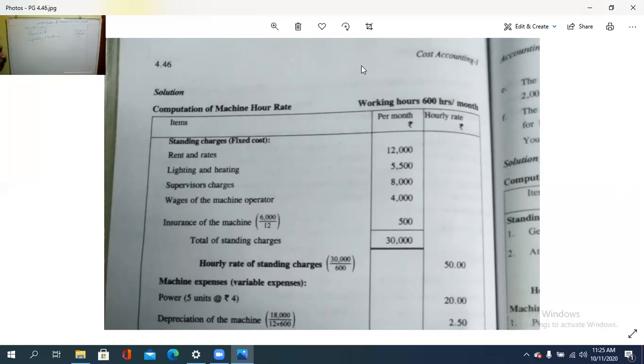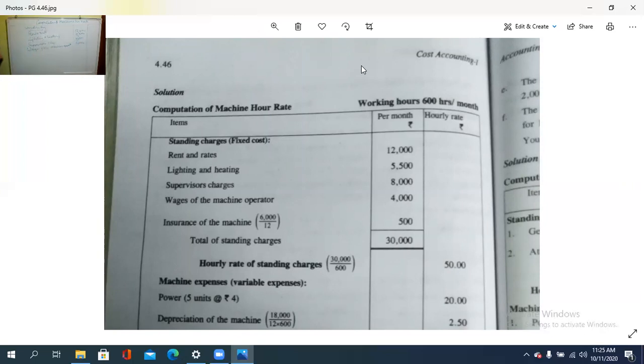Then supervisors charges 8,000. Then wages of the machine operator, that is 4,000.